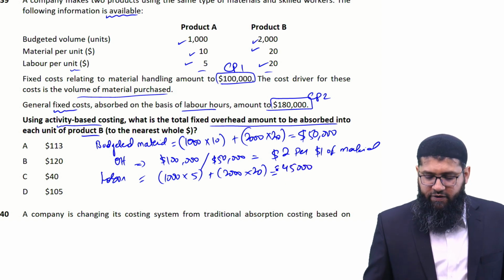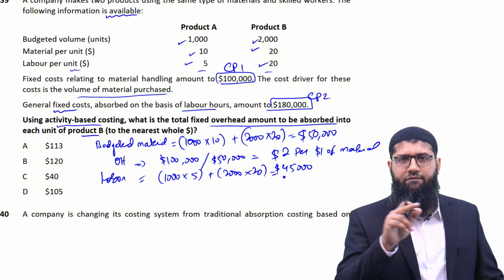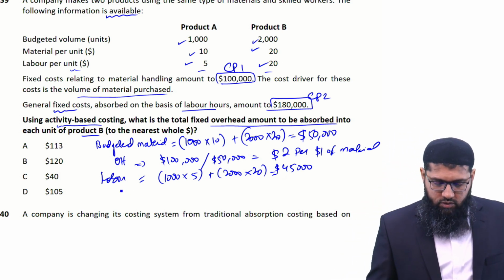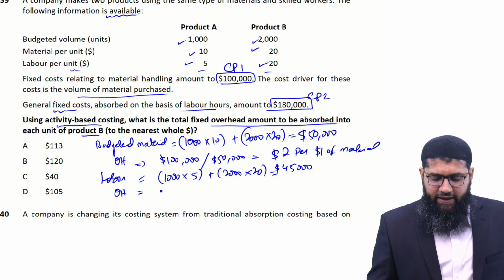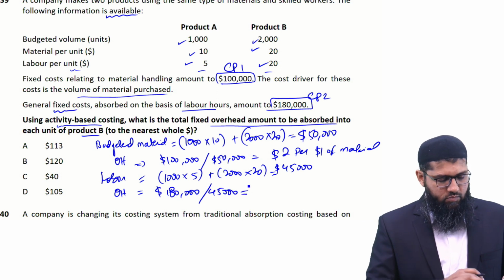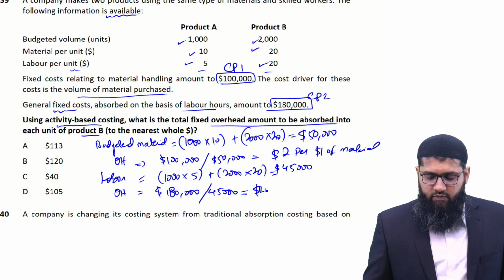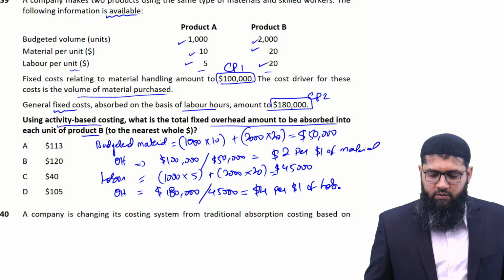This is gonna be $45,000. The overhead rate is gonna be 180,000 divided by 45,000. Hence $4 per $1 of labor.